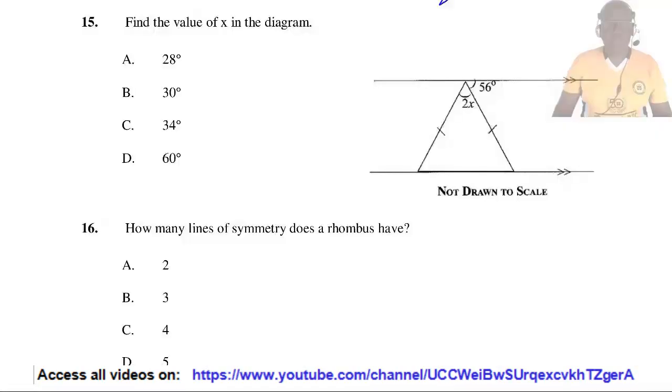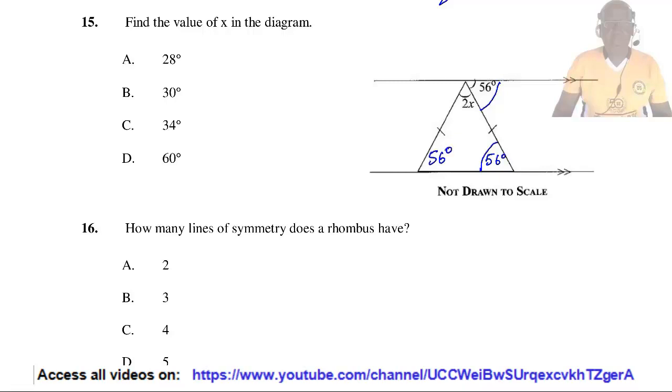Question 15. Find the value of S in the diagram. The angle over here equals 56 degrees because the angle is alternate to this angle. The triangle is an isosceles triangle, and therefore its base angles are equal. So the angle over here is also 56 degrees. The sum of the angles in the triangle should be equal to 180 degrees.